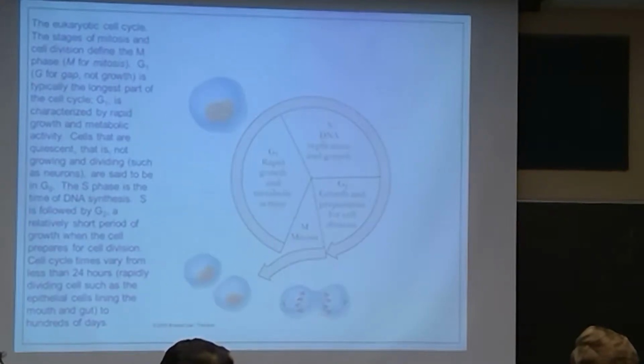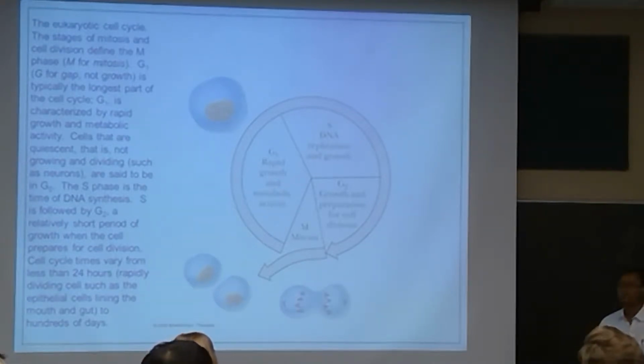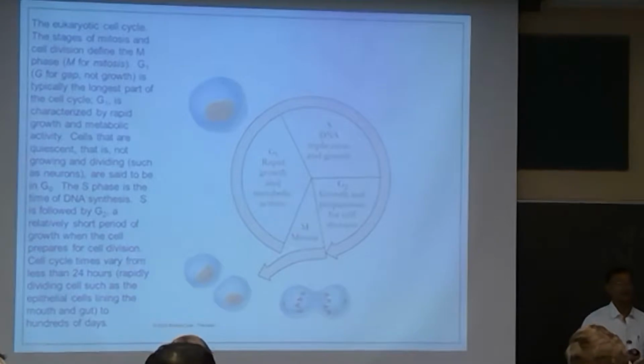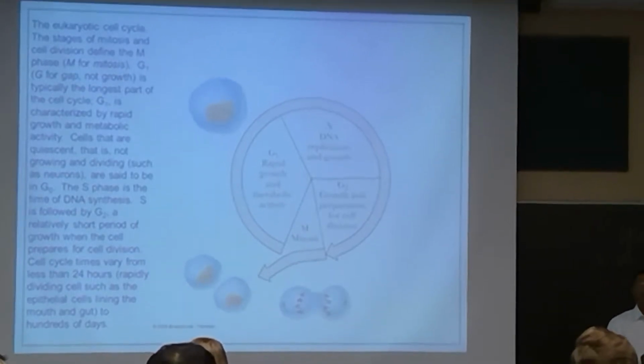So there are 4 different phases of the cell cycle. These are the 4 different phases of the cell cycle. I think we briefly touched G1, S, G2, and M. G1 is called gap 1, correct?